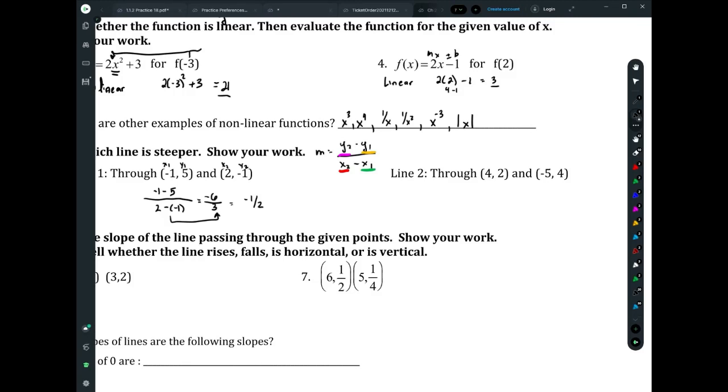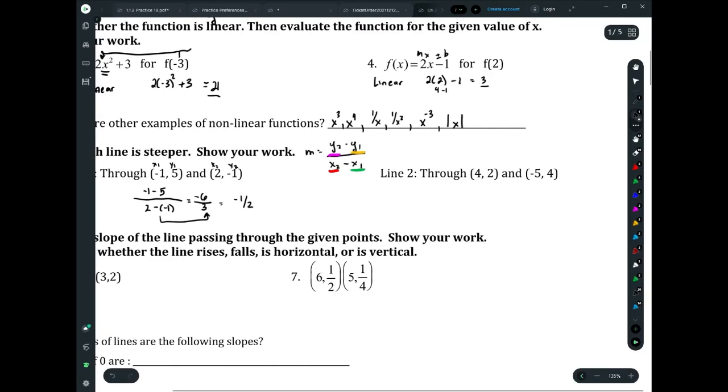Our next line here, 4 minus 2, all over -5 minus 4, is going to be 2 over -9.